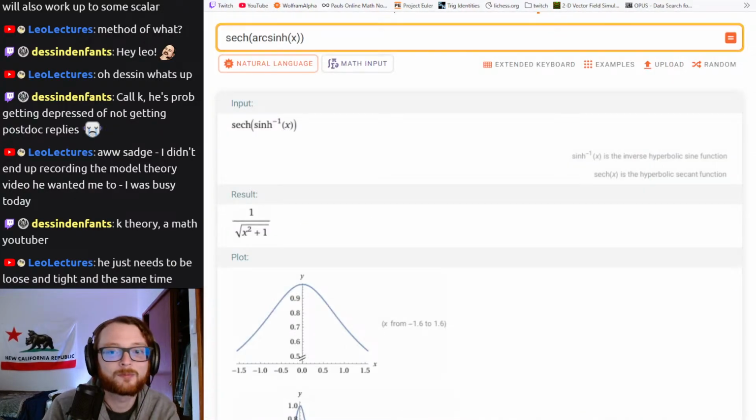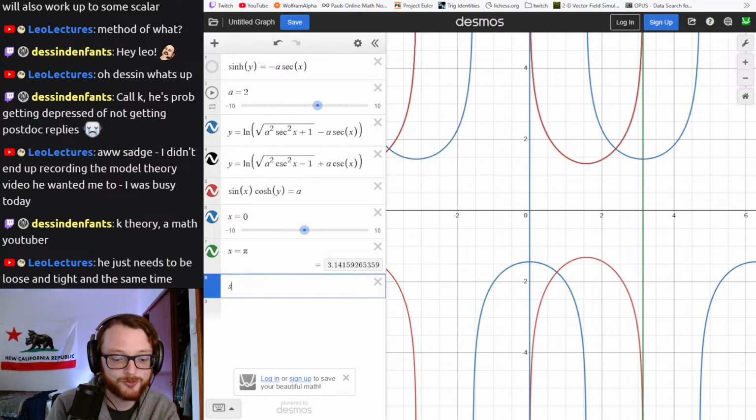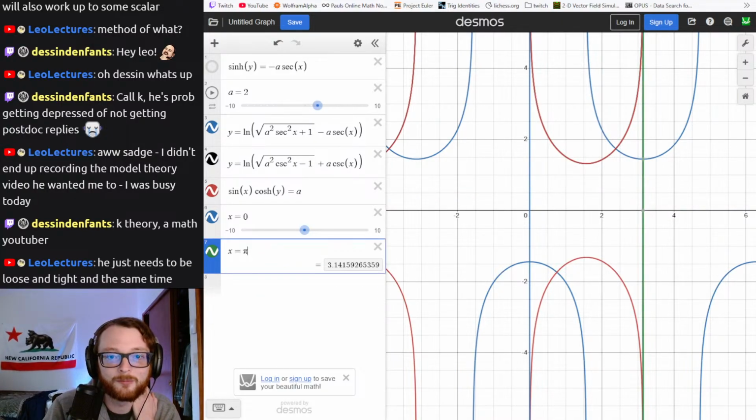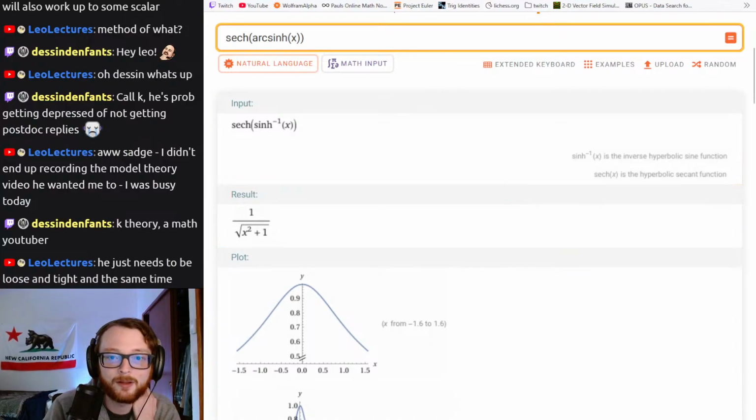Okay. That does look like root 1 over 1 plus x squared, or whatever.